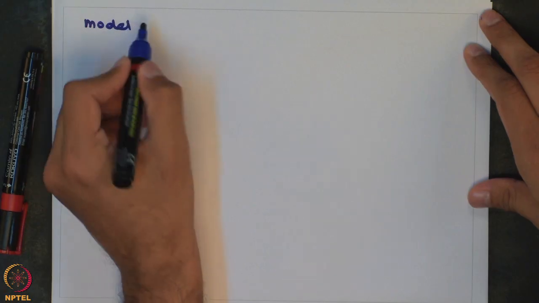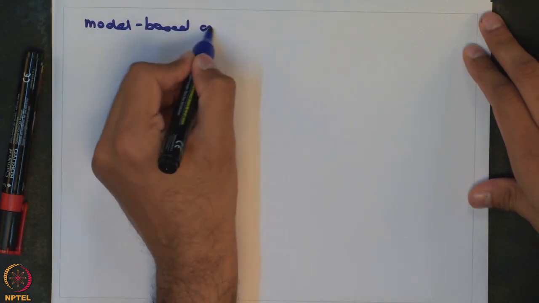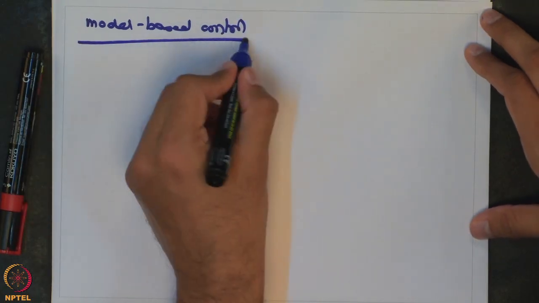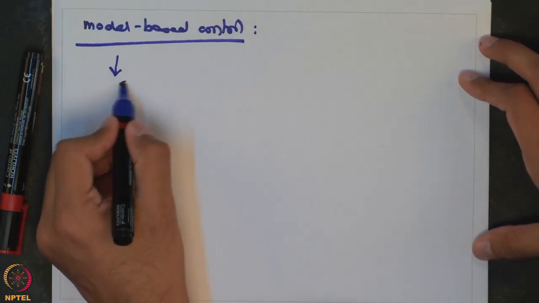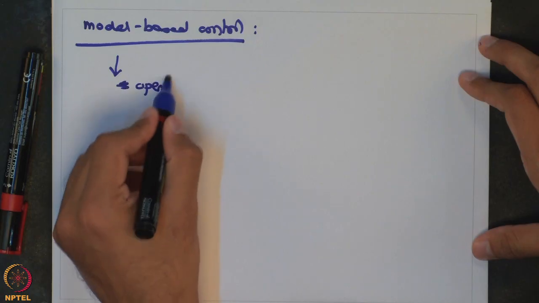So, when we talk about model based control, the first or the simplest way it can be implemented is open loop control.